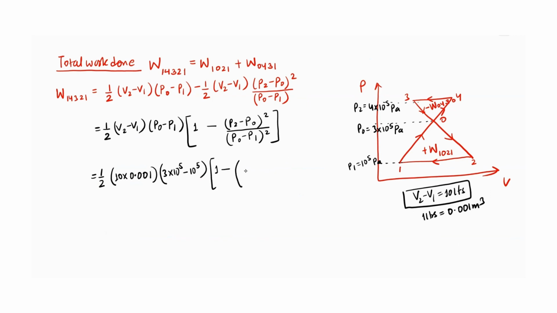Now I'm writing in this way, okay? P2 minus P0. So we have 4 times 10 power 5 minus 3 times 10 power 5, okay? And we have P0. P0 is 3 times 10 power 5 minus P1 is 10 power 5, and the whole power is 2, okay? So I'm writing in this way, clear?